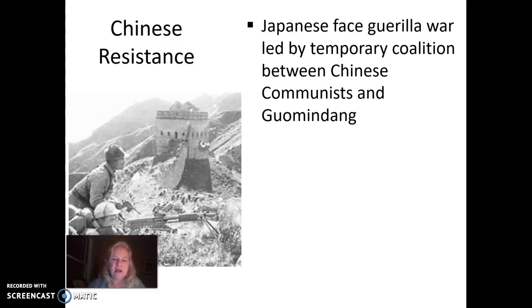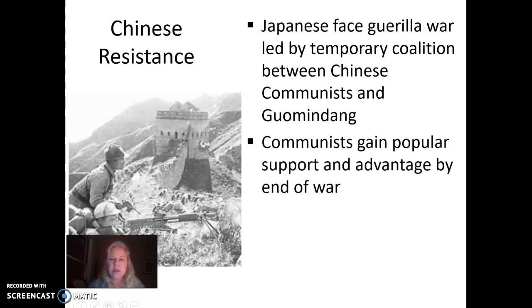And at this time, while they are quite different ideologically, during the time of the Japanese attacks, they did work together. This would fall apart. And by the end of the war, the communists would gain popular support, and in fact, the Guomindang would flee to what we call Taiwan.